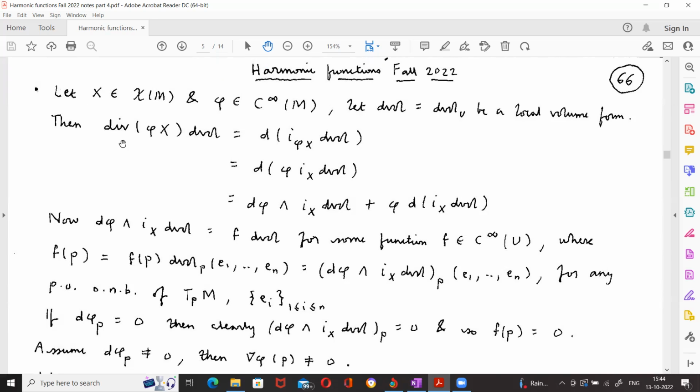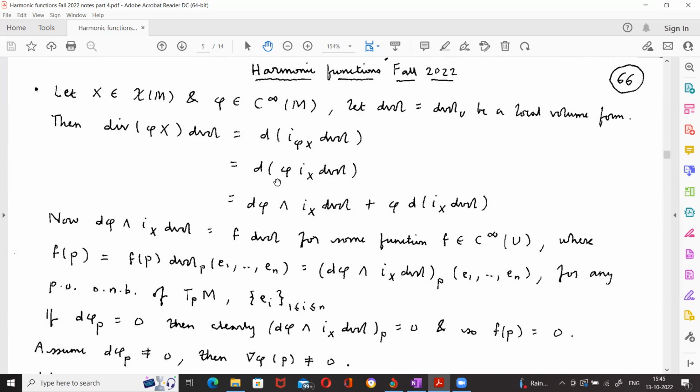So by definition, the divergence of phi X times dvol is equal to d of I_{phi X} dvol, right? But now in this interior contraction with phi X, you just put phi X in the first spot. By multilinearity, the phi will come out. So this is the same thing as phi times I_X dvol.